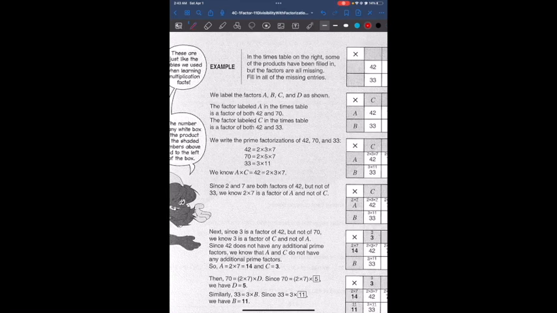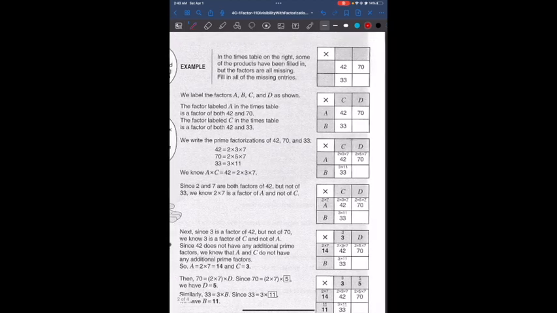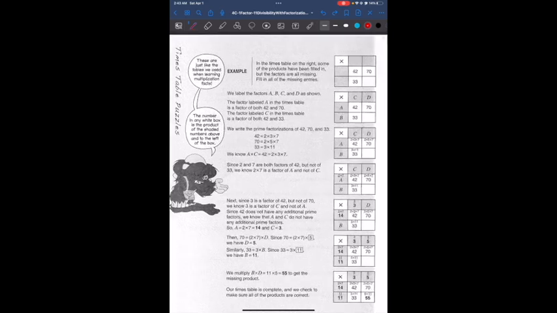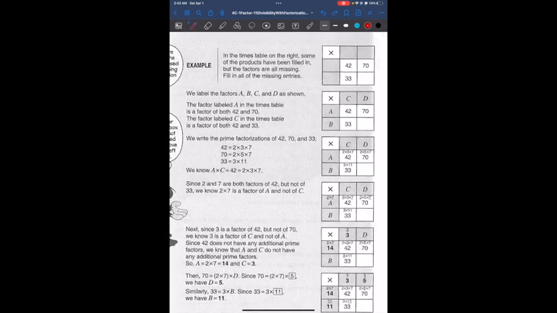We label the factors A, B, C, and D. The factor labeled A in the times table is a factor of both 42 and 70. The factor labeled C is a factor of both 42 and 33.